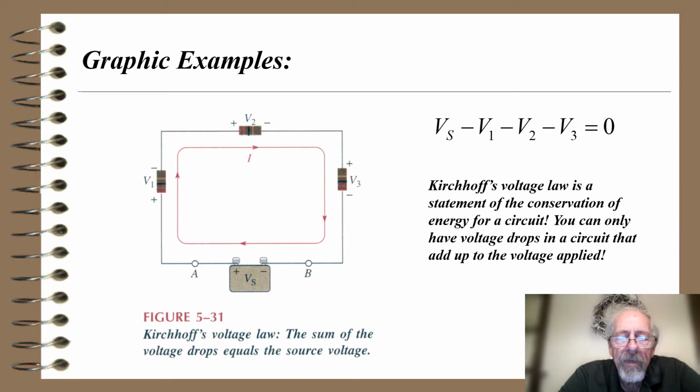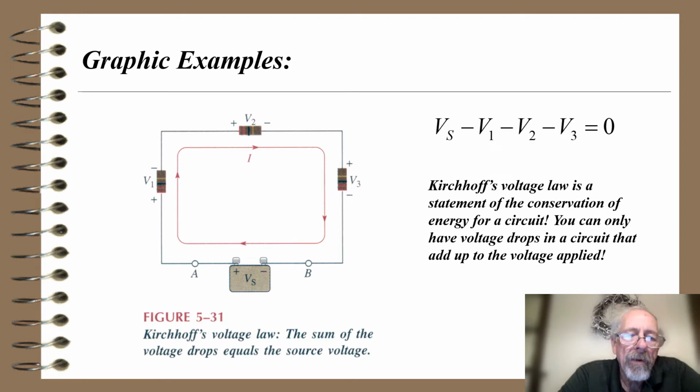So a way to look at this is pretend you could stand on the negative terminal of the battery and start walking around counterclockwise. So you go towards terminal B, you walk up through resistor V3, which raises a voltage plus V3. You go through resistor V2, now going left up through the top wire, and now you've gone up through an additional V2.